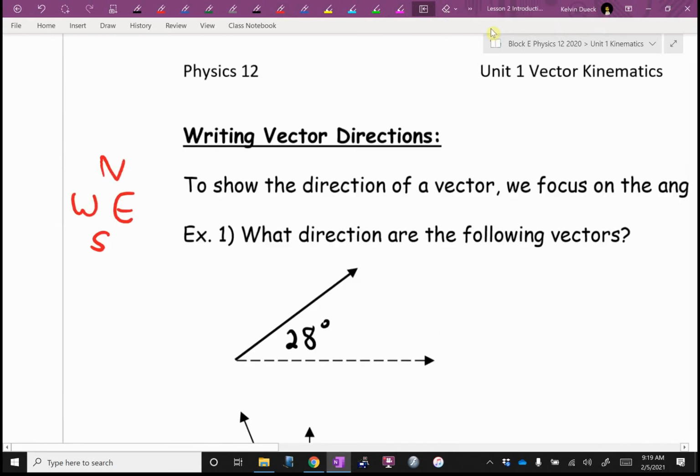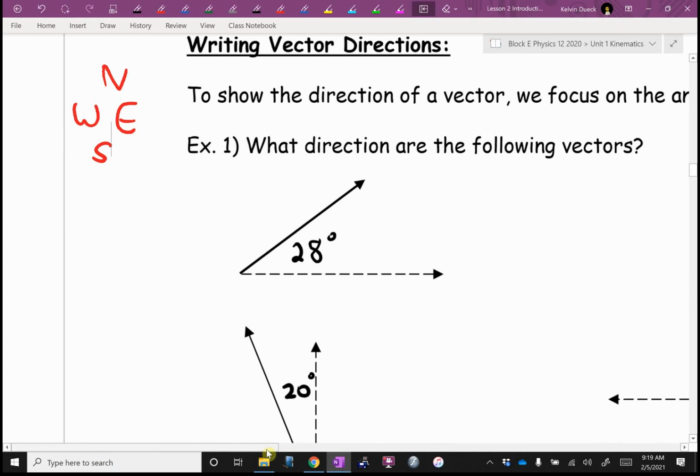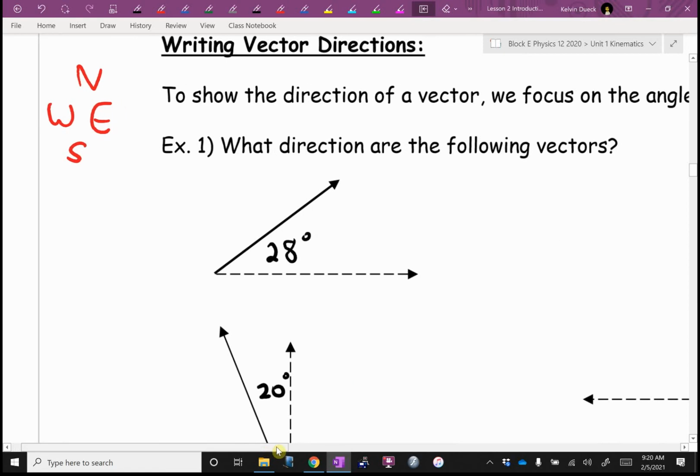And I'm going to zoom in just a little bit. So, how would I tell you what direction this is? Well, 28 degrees. Can you look? This is the direction that we want to go. Here is the rule. Do you notice that there is one slanty line and one nice line? And do you see what I mean by slanty and nice?